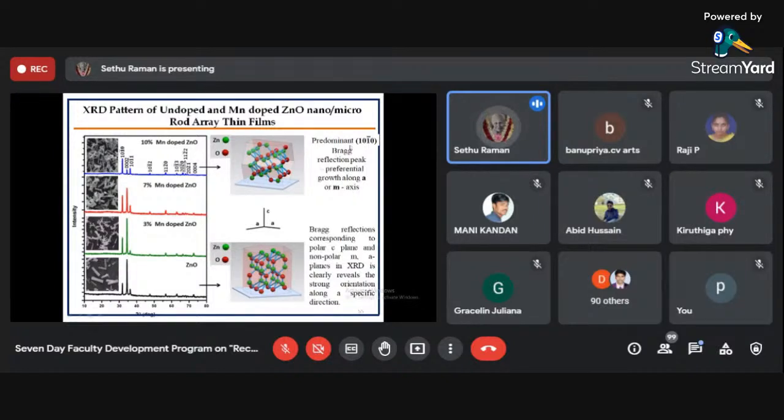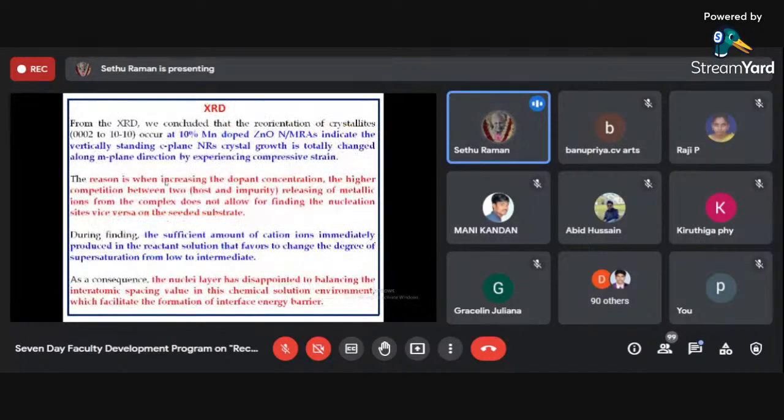So the predominant 101̄0 reflection indicates preferential growth along the a and m axis, and the reflections corresponding to the polar c axis and non-polar m planes in XRD clearly reveal strong orientations along specific directions. Orientation means that 0002 is the preferential orientation until 7%. When we increase to 10%, we see the complete orientation change from 0002 to 101̄0.